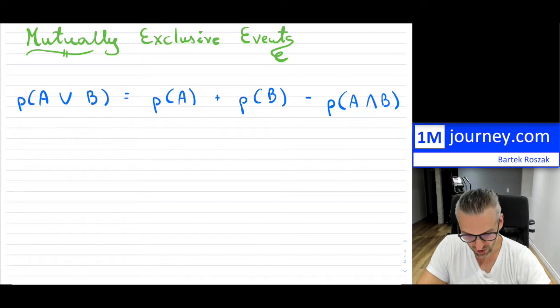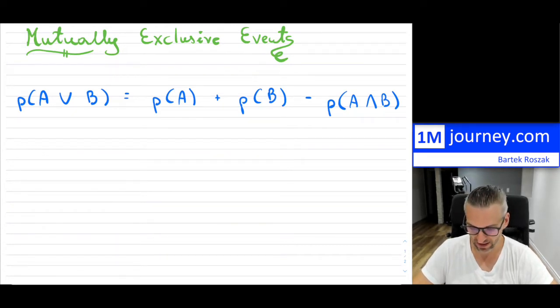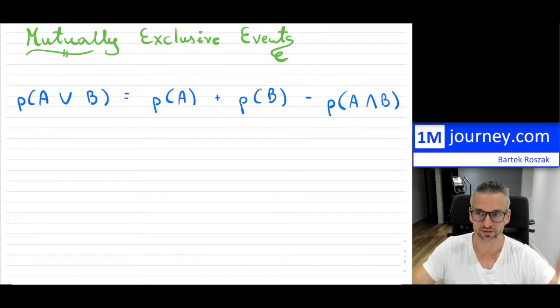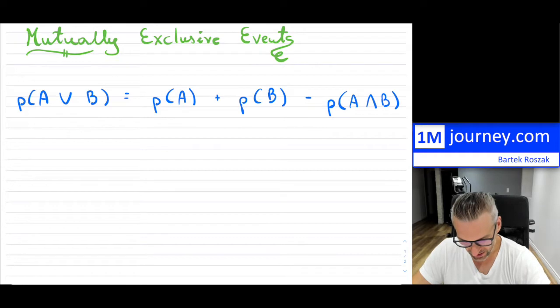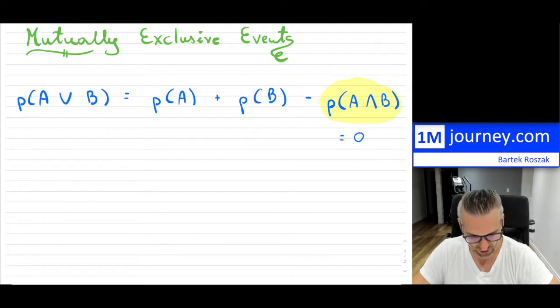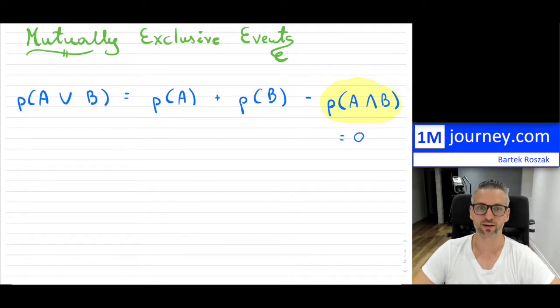Mutually exclusive events cannot happen at the same time, so they're sometimes called disjoint events. When we have mutually exclusive events, this last term is zero, meaning they cannot happen at the same time, so there is no intersection.